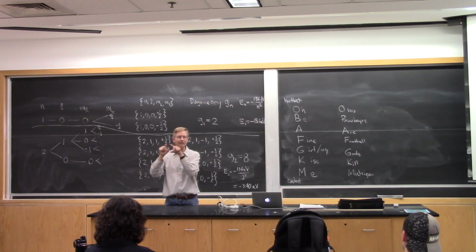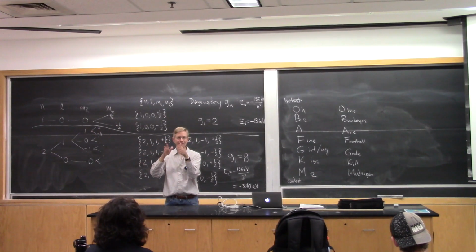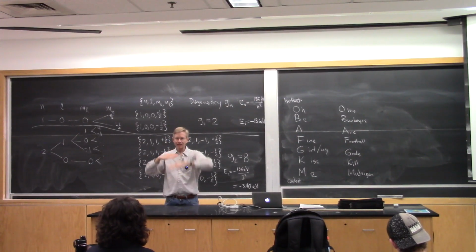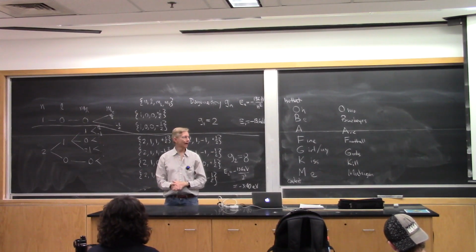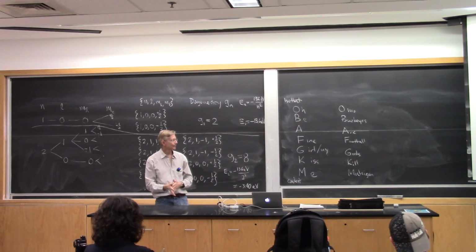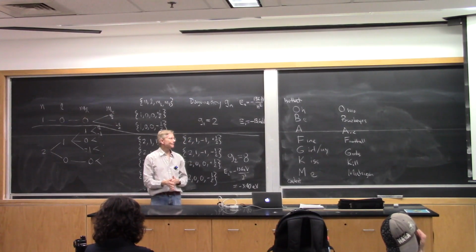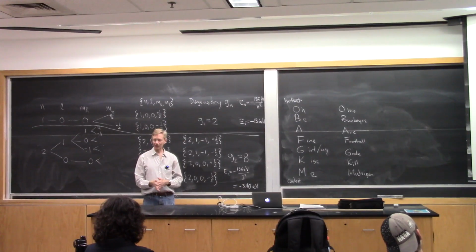You look at lots of lines, and there's very systematic variation in the line strengths as you go through the scale. Suffice it to say you've got to be very observant and careful to do that.